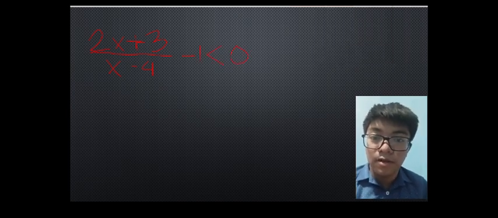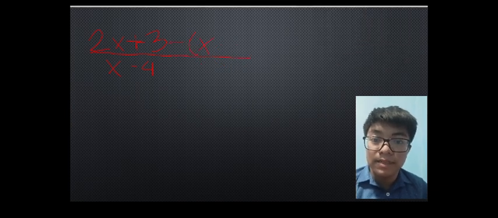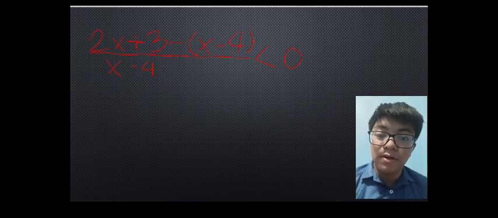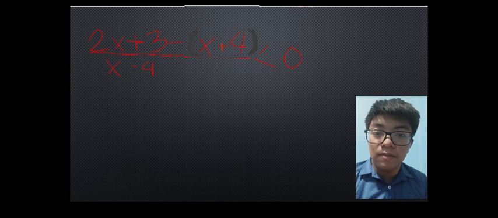First, move 1 across and combine. So that will become 2x plus 3 minus open parenthesis x minus 4 close parenthesis over x minus 4. Remove the parenthesis. So the term inside the parenthesis will become x plus 4.